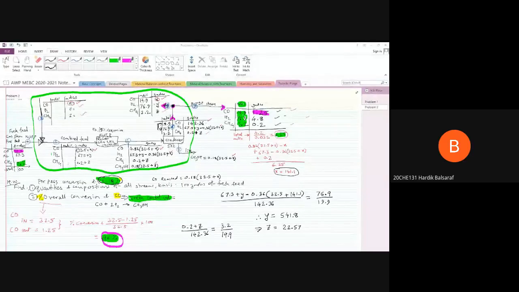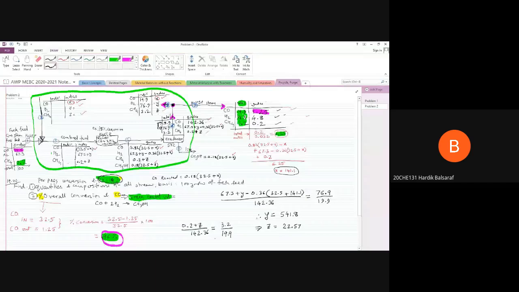Excuse me, sir. So the purge stream can be used to make methanol again. No, the purge stream, we are not recycling back. We have taken out the purge stream so that the methane is building up to not more than 3.2%. If we allowed methane to build up to 3.5%, then I could have purged a little quantity, I could have recycled more.